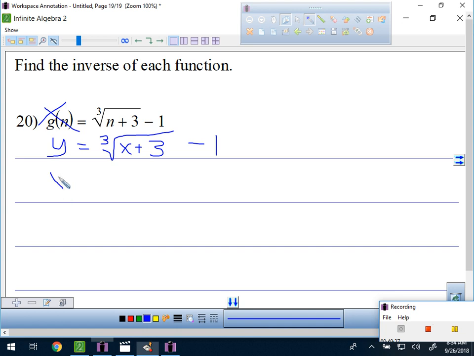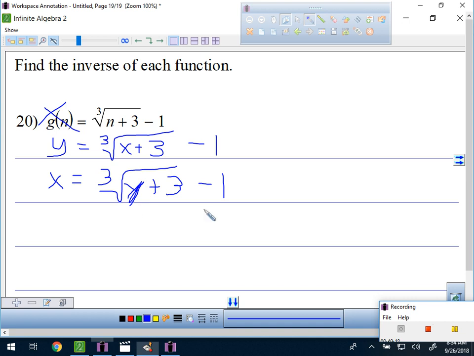So I'm going to get x is equal to the cube root of y plus 3 minus 1. My pen died, so I'm having to use the mouse for this. So we switch the x and the y, and now you're going to solve for, I know that looks like an x, but guys, that's my y.